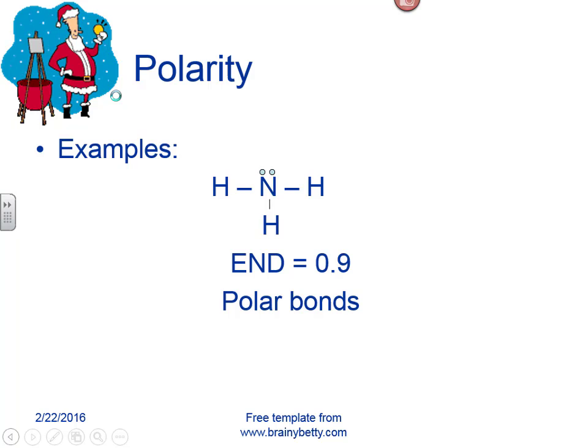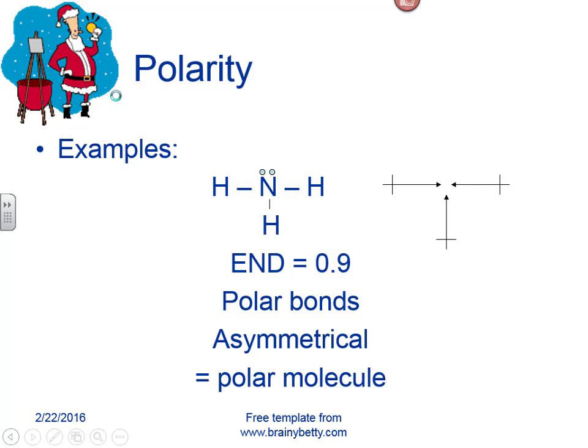No. So this one is asymmetrical. The other way you can check that is with the arrows. 2 of them point at each other, so 2 of them would cancel. But because you've got that third one down on the bottom that doesn't have a match, that one doesn't cancel. So we end up with an asymmetrical molecule, which tells us this is polar.